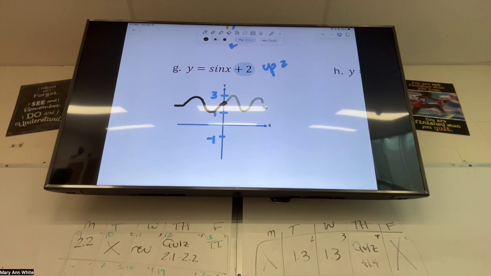if it was cosine, the only difference is it would go through 0, 3, because it would normally start at 0, 1, and I have to go up 2, so I move it up 2 units. And so now I'm at 3. It's still going to stay between 3 and 1, so it's going to look more like this.